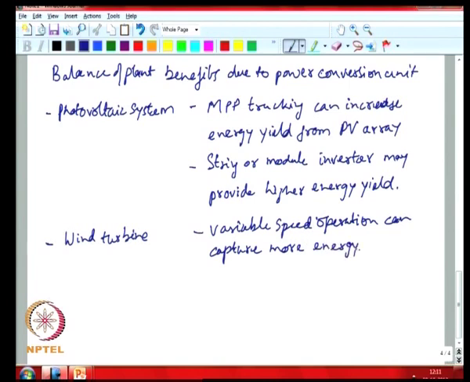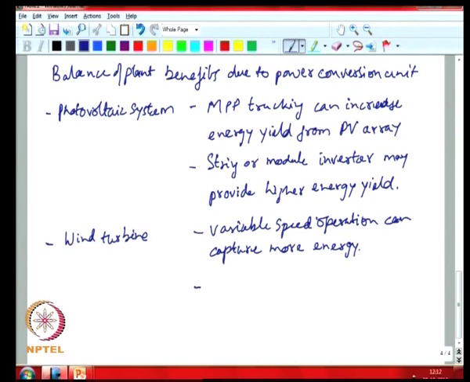So, if you are able to capture more energy for a given size blade, it might mean that for a fixed power output, you can maybe reduce the size of the blade, height of the tower, etc., which can actually give you cost benefits.